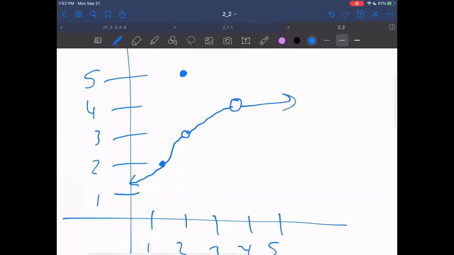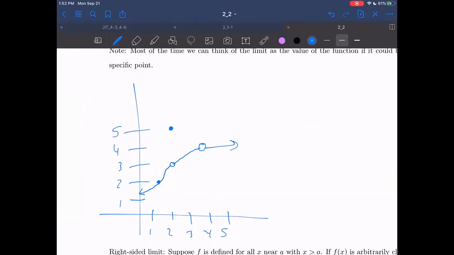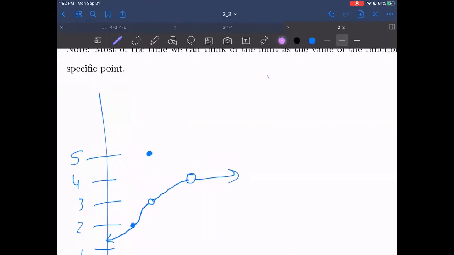All right, so there's my function. Okay, we can see we've got a couple holes, a jump point. So let's look at this in terms of some specific values. Okay, so let's first talk about f of 1, or at x equals 1.